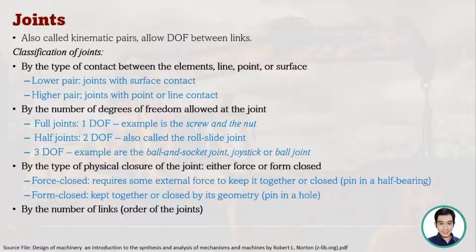An example is a pin in a hole. And then we have by the number of links. We can classify it as the number of links joined minus 1. So the degrees of freedom, if we have the number of links, is just the number of links minus 1.